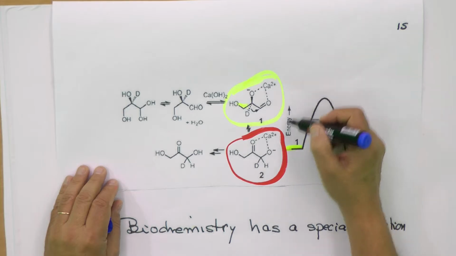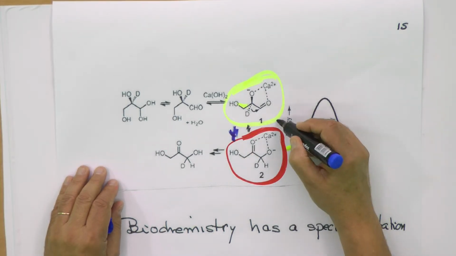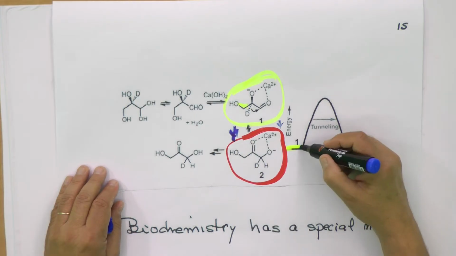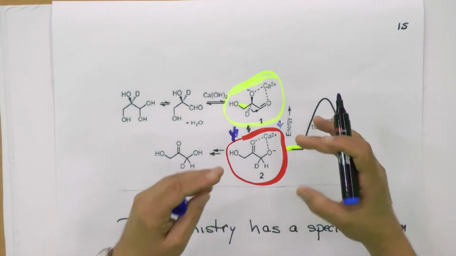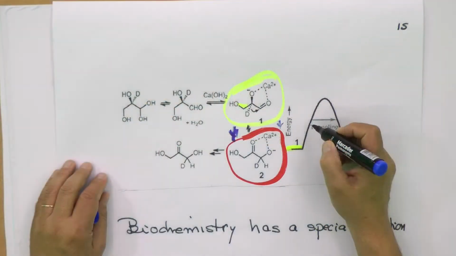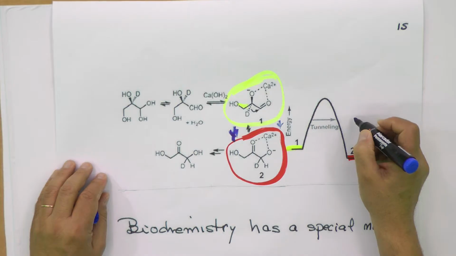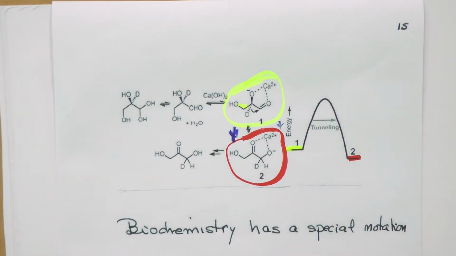So for this to take place, for this to come from here to here, you must either go above the barrier, so you have to get enough energy to move those bonds around, or tunnel through this barrier. With less energy, you may be able to tunnel.